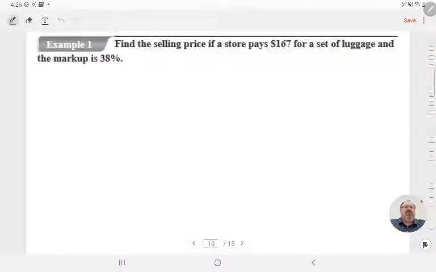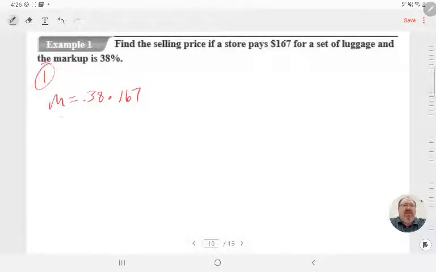All right. So find the selling price if a store pays $167 for a set of luggage and the markup is 38%. So let's do it both ways. The first way, I would change my percent to a decimal and look for the markup. So that would be 0.38 times 167.